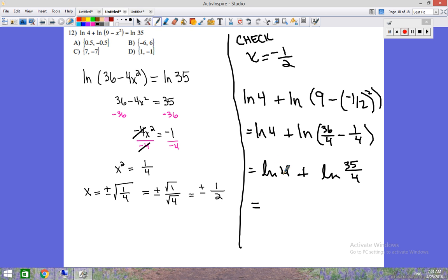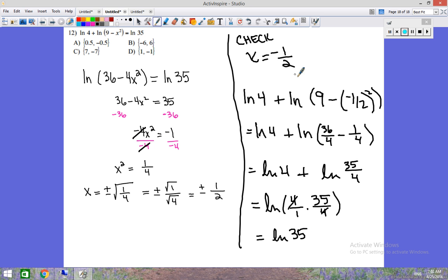If you have two logarithms of the same base and you're adding them, by the product rule you can multiply the arguments together. So we've got 4, I'll write as 4 over 1, times this fraction 35 over 4. 4 divided by 4 cancels. We have the natural log of 35, which is what it stated.